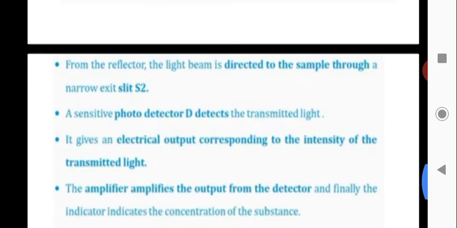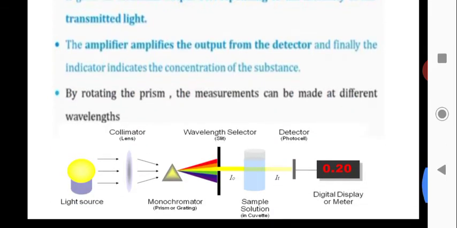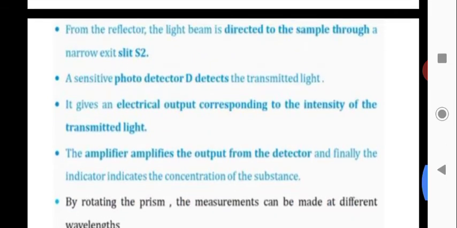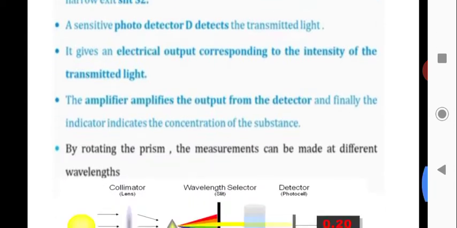From the reflector, the light beam is directed to the sample through a narrow exit slit S2, and a sensitive photon detector D detects the transmitted light. It gives an electrical output corresponding to the intensity of the transmitted light. The amplifier amplifies the output from the detector, and finally the indicator indicates the concentration of the substance. By rotating the prism, the measurements can be made at different wavelengths.